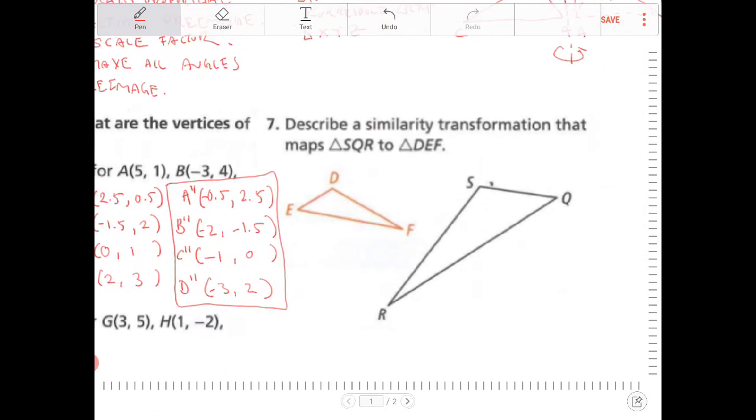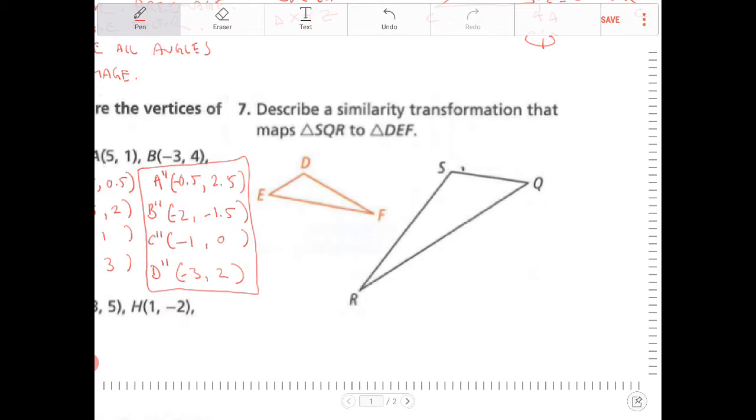All right, moving on. Question 7: describe a similarity transformation that maps SQR to DEF. Okay, SQR to DEF. If you notice, SQR is clockwise orientation and DEF is counterclockwise orientation.